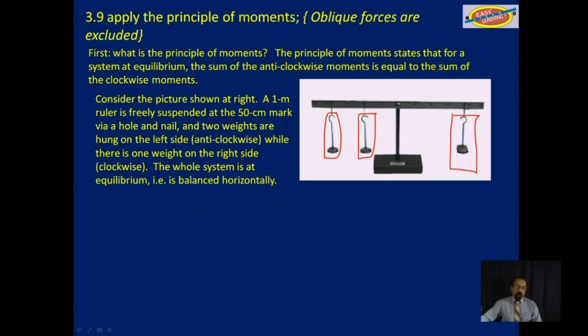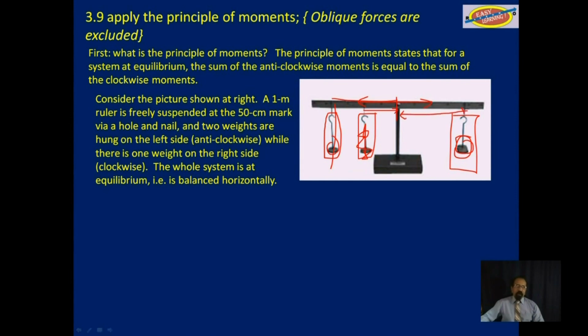If the system is at equilibrium, that is, say the ruler is balanced horizontally, then that force times its distance from the pivot plus this force here times its distance from the pivot. If you add those two, you will get the same answer that you will get if you multiply this force here by its distance from the pivot.